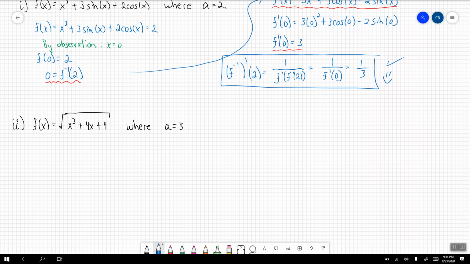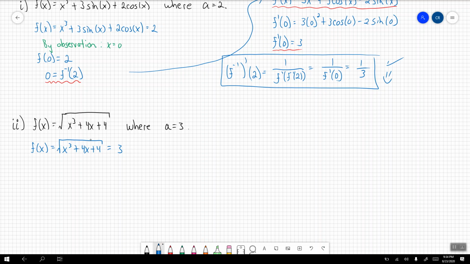At this point, I want my function f of x, which is the square root of x cubed plus 4x plus 4, to be equal to the value that is given to us, which is 3. Somehow, I need that radicand to be 9.